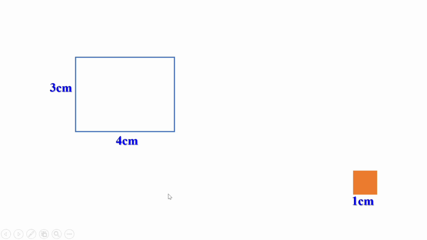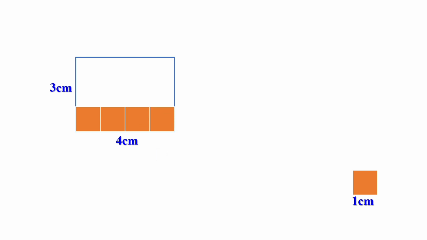Now, in order to find the area of this rectangle, we are going to check how many small squares like this can be placed within this rectangle. Since the length is 4 centimeter, we can place 4 such squares on the length like this. 1, 2, 3, 4, right?